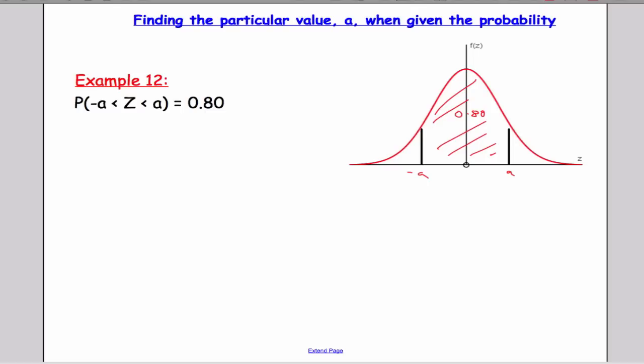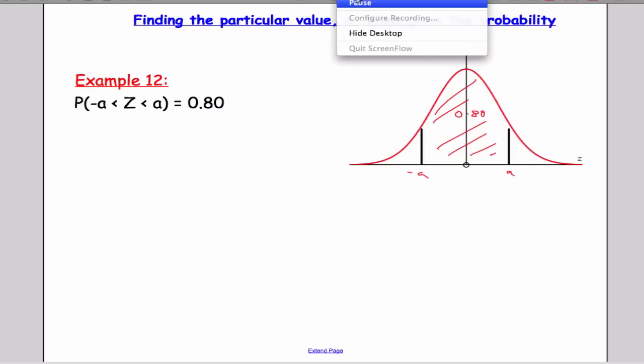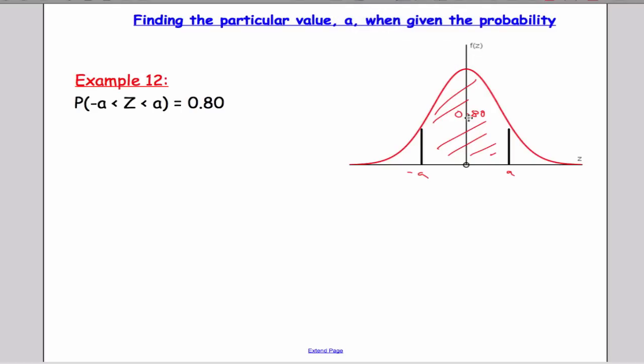The total area is 0.8. And we're going to have to use the fact that, well, if that's 0.80, and it is symmetric about 0, that means that I know this blue area, which I'll shade in here, must be 0.4. So that's 0.4 inside there.